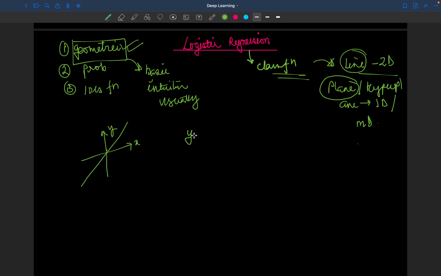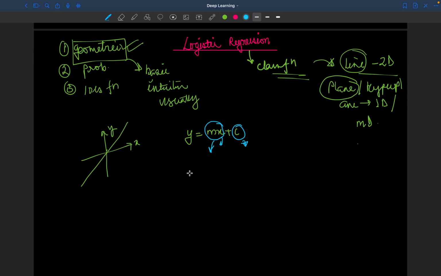We all know that the equation of a line is y equals mx plus c, where m is the slope, x is the point, and c is the intercept.